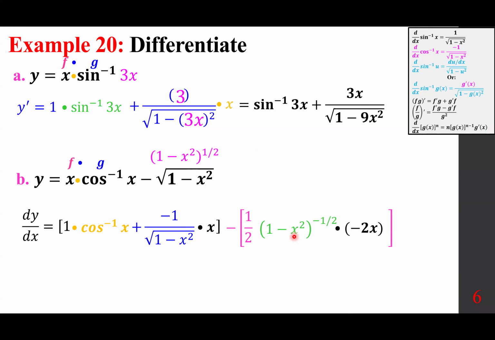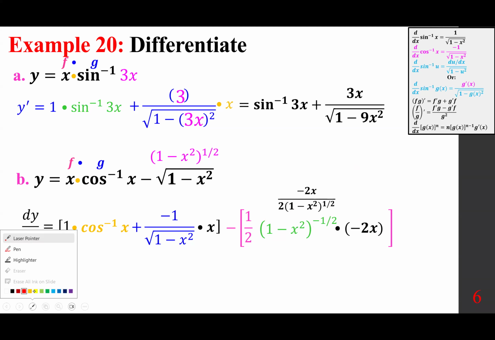So this is just cosine inverse, plus minus x over square root of 1 minus x squared. What about this one? Please understand that we have a fraction bar. At top, we have 1 and negative 2x, so it's minus 2x. At the bottom, we have 2, and this one goes down, becomes 1/2.